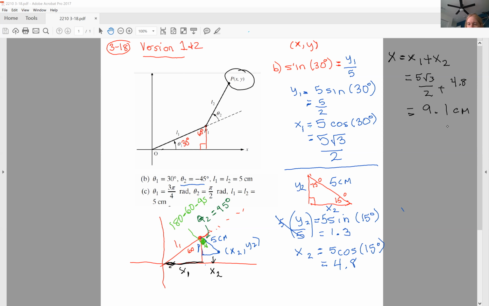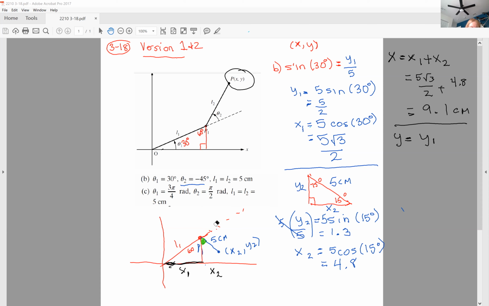That's my X value. Now my Y value is going to actually equal Y1, because remember Y1 was going up. And if we look at our picture, I'm going to erase some of the things I drew here, because I wanted to show you the picture without all the numbers on it.